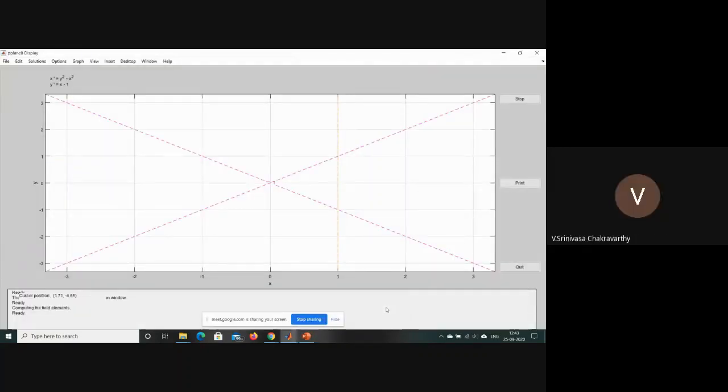These are two lines. The two lines together form the x null line. And for the other one, x equal to 1 forms the y null line. So they intersect here.